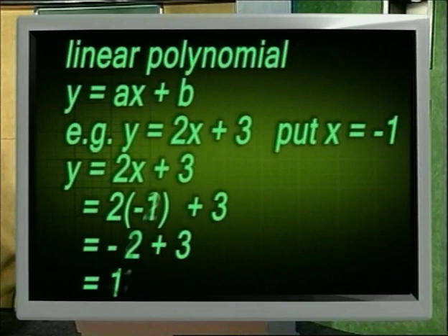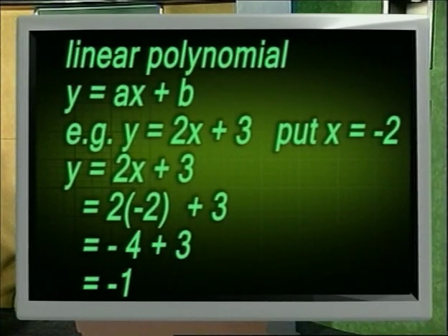Now we take one more value, x is equal to minus 2. Y is equal to 2 multiplied by minus 2 plus 3, which gives you minus 4 plus 3 equals minus 1. So for x as minus 2, we get y as minus 1.